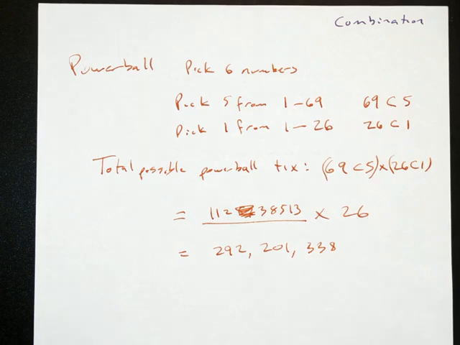By the way, you buy one ticket. Your chance of winning is 1 in 292 million. I went to the National Weather Service and I asked them to give me the chance of getting struck by lightning. Do you know what the chance of getting struck by lightning is?